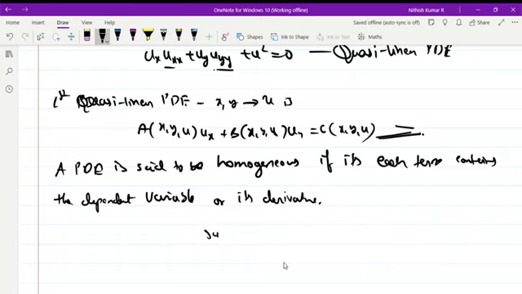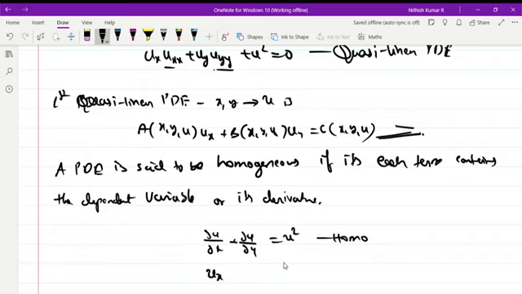An example is dou u by dou x plus dou u by dou y, which is equal to u square. Now each term contains the dependent variable or its partial derivatives, hence it is homogeneous.